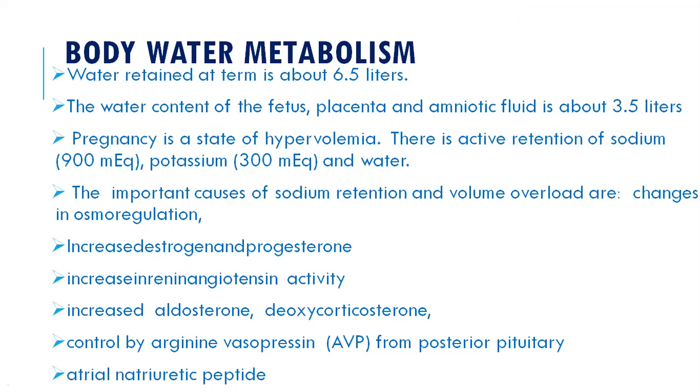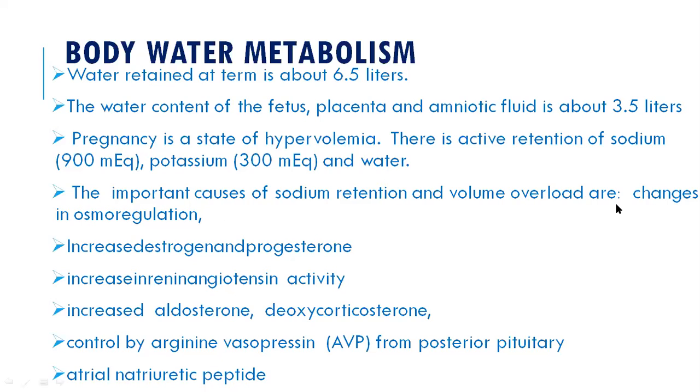What happens to the body? Water metabolism. Water retained at term is about 6.5 liters. The water content of the fetus, placenta and amnion amounts to 3.5 liters. Pregnancy is a state of hypervolemia. There is active retention of sodium, potassium and water.